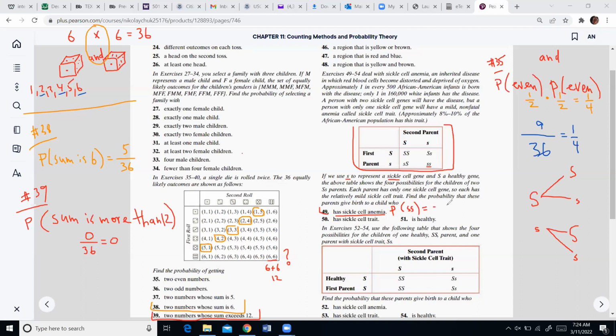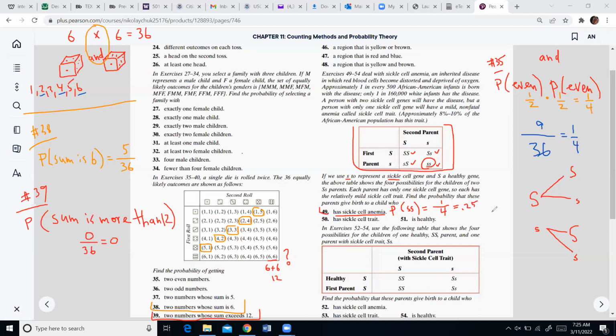Out of the 4 possibilities, what are the 4? Well, here's the first, second, third, and fourth. Only one has that disease. So it's a quarter, or 25%.